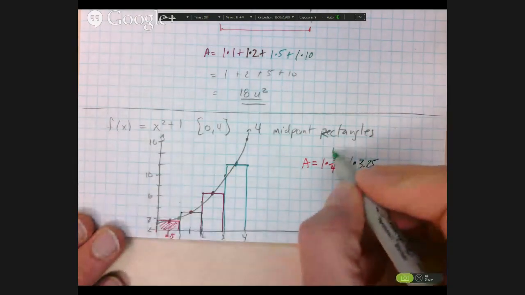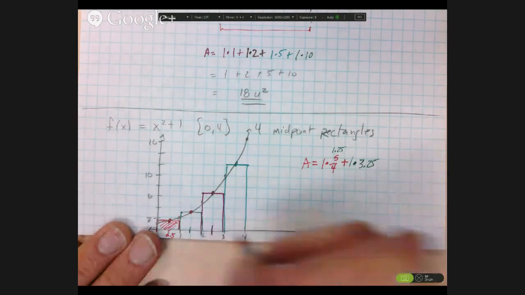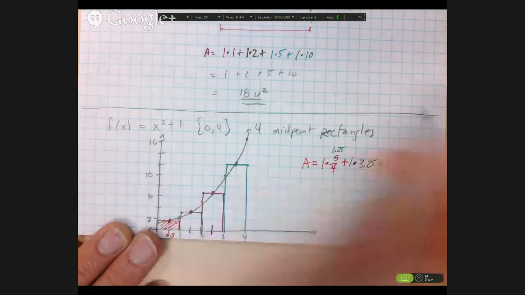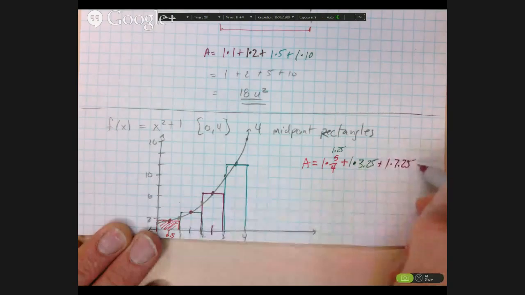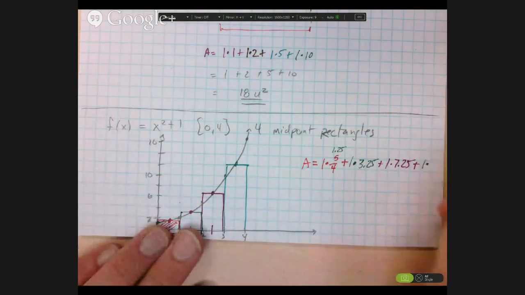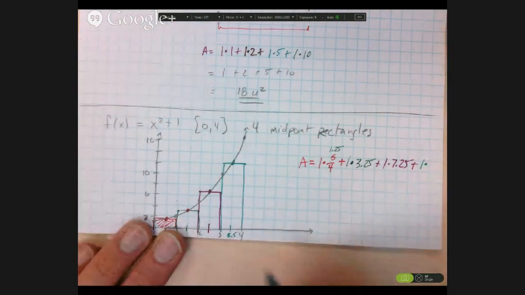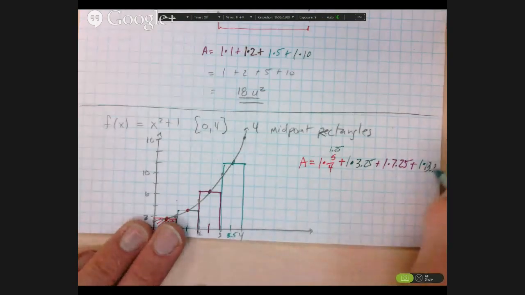This could be 1.25 if you want a decimal approximation. See how I'm doing it? Okay. What's 2.5 squared? It's 6.25, so 7.25. And then 3.5 squared. I don't think I have that one memorized. What's 3.5 squared? 12.25. So 13.25.